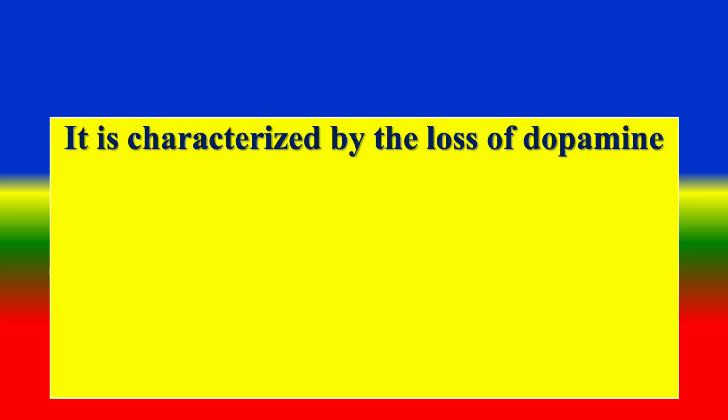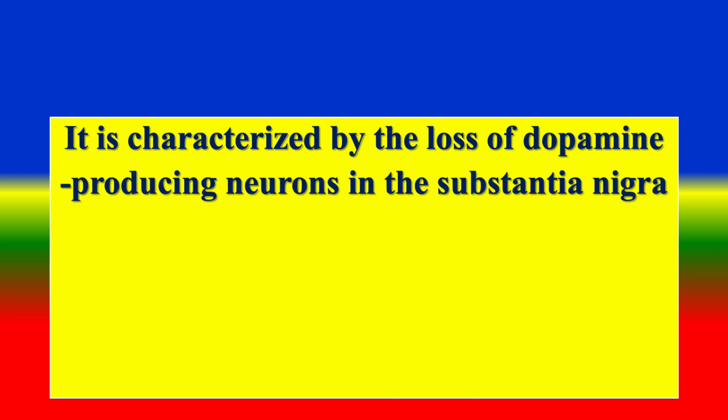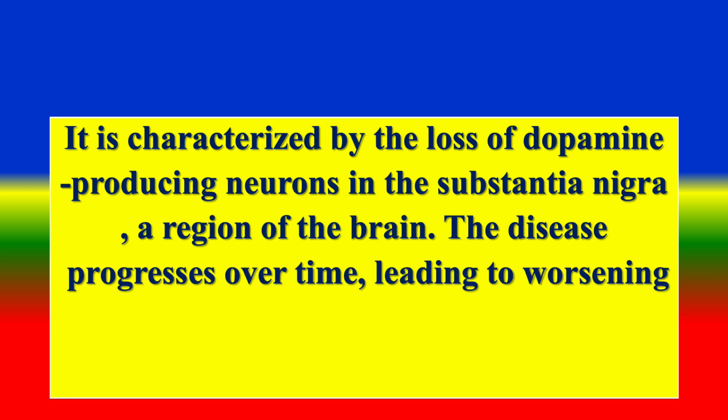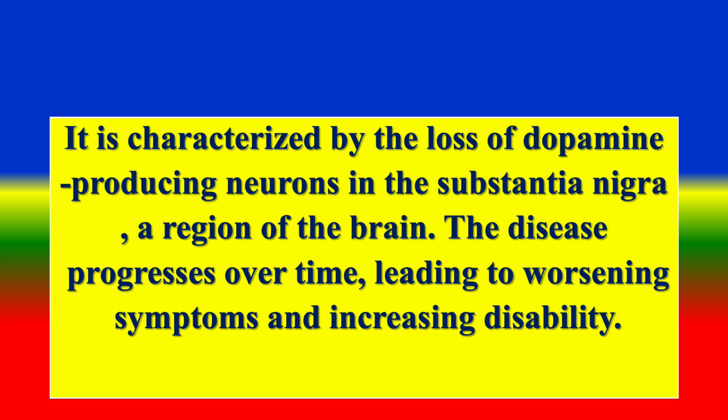It is characterized by the loss of dopamine-producing neurons in the substantia nigra, a region of the brain. The disease progresses over time, leading to worsening symptoms and increasing disability.